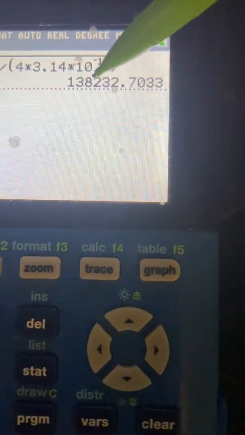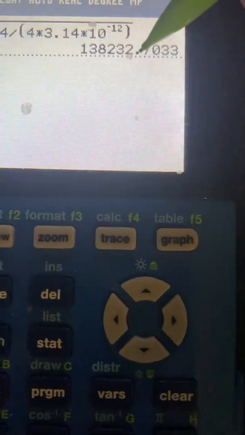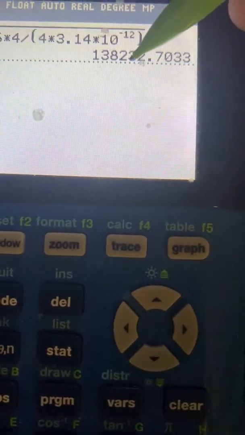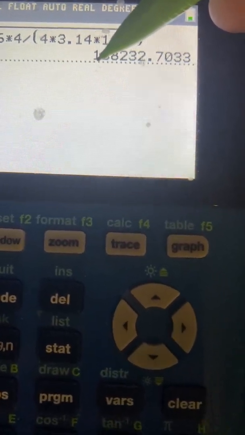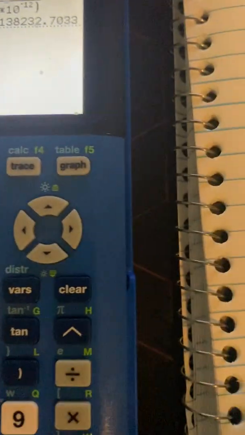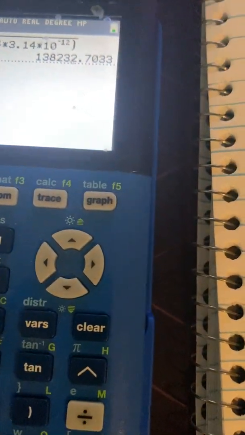When we see this, we get 138,232 point something. So we go 1, 2, 3, 4, 5, which is 1.38 times 10 to the 5th, because we are moving to the left, which is positive, instead of to the right, which would be negative.